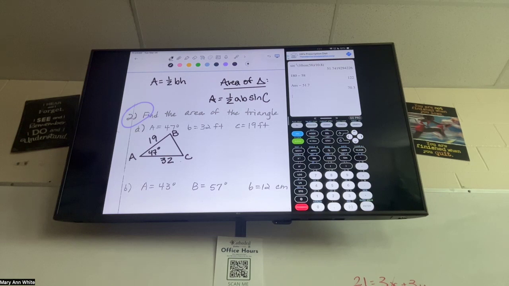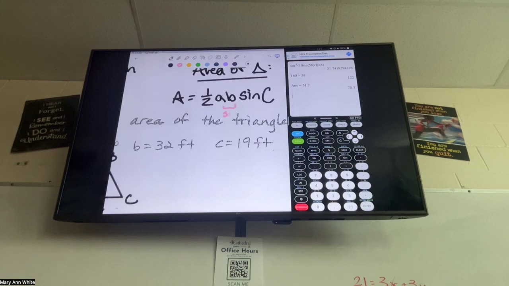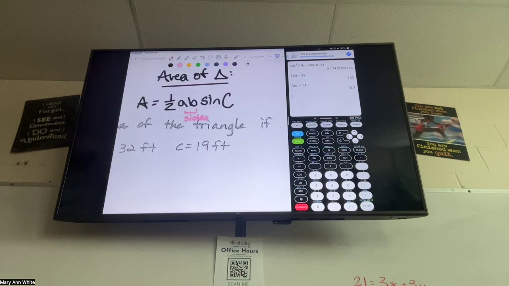What are A and B? Those are sides, very good. And then C is a what? Angle. Is that angle C across from one of the two sides that I already have? No, how do you know that? It's not the letter C. If it was across from one of those sides, it would be letter C.